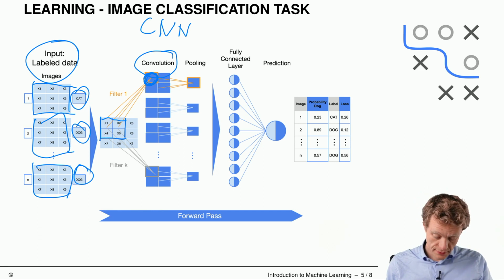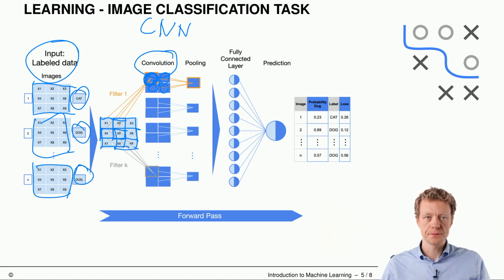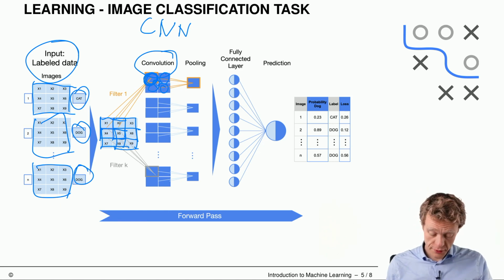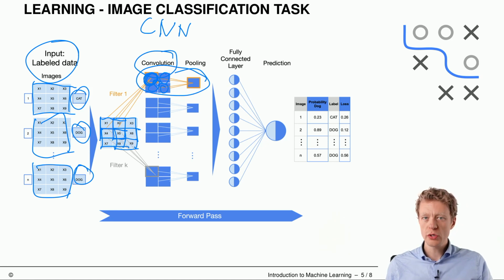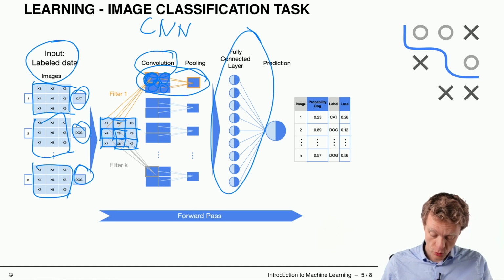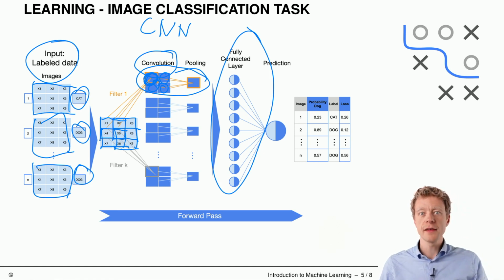So basically, if we have a 2 by 2 filter and a 3 by 3 image, then we have 4 possible convolutions, which is why we have 4 values here. Just a very quick introduction to this. Then we pool this somehow. For example, we just take the maximum value, and then we can have more convolution and pooling layers, and finally we have one or more fully connected layers, which are these usual perceptrons, which you have seen before.